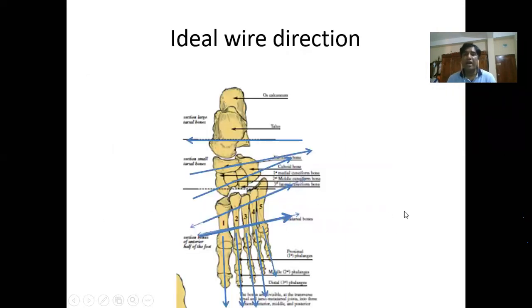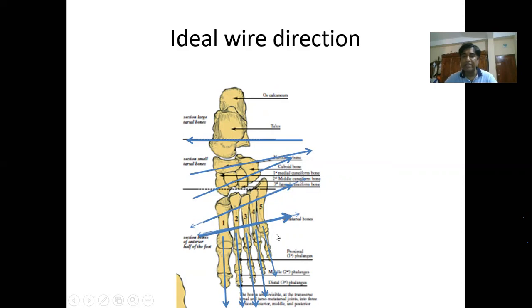So if I just summarize the direction of the wires, you can put the talar wire in a coronal plane. It's not a very different problem. But if you want to hold the navicular bone and the cuboid, you have to go in a little bit oblique manner. If you want to hold all the cuneiform bones, you have to go more oblique.